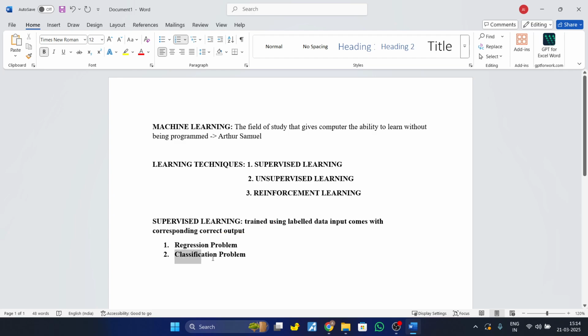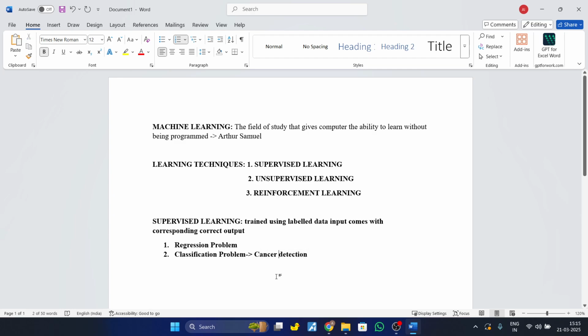A classification problem is going to classify and not predict some number; it is going to predict a yes or no kind of output. A classic example of a classification problem is cancer detection, because you're going to either say yes cancer or no cancer, either benign or malignant.